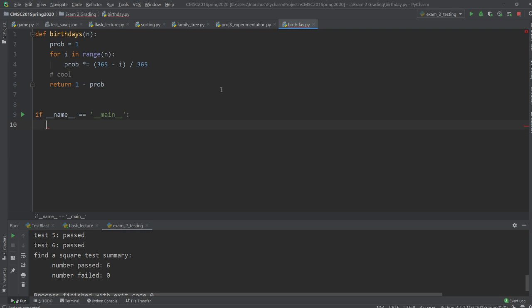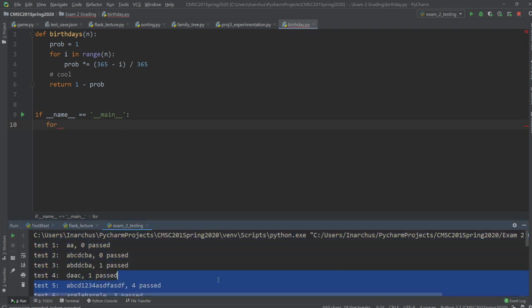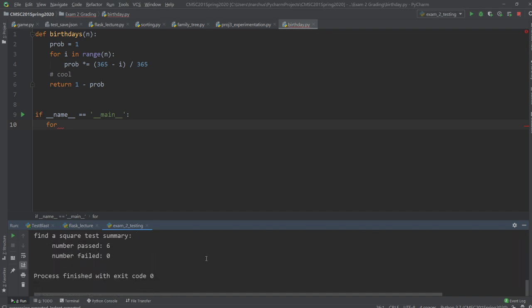We're in the exam 2 grading folder, in fact. So why don't we just do this? Oh yeah, it's running tests on my own code. So don't worry about this. This is not running tests on your code. This is testing my own code. Yeah, but some of these kids are in my 201 class.